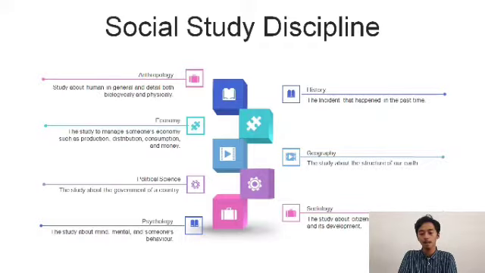Yang selanjutnya adalah antropologi. Jadi antropologi adalah sebuah keilmuan yang membahas tentang manusia secara umum maupun detail. Jadi yang dibahas itu bisa bersifat biologi atau fisik.